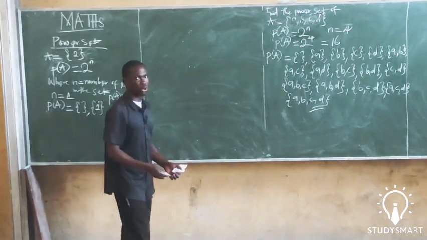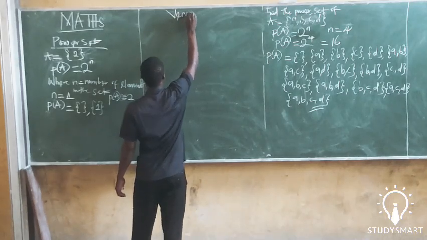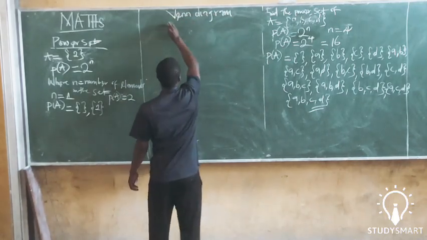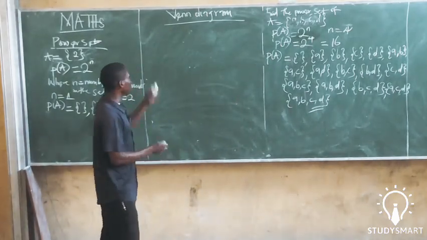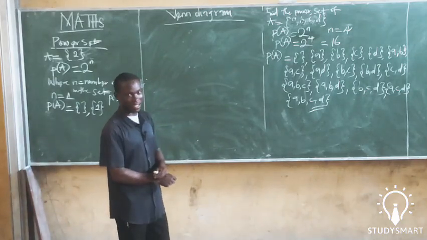Then we are also going to look at the Venn diagram. A Venn diagram is a diagrammatic way of representing sets.